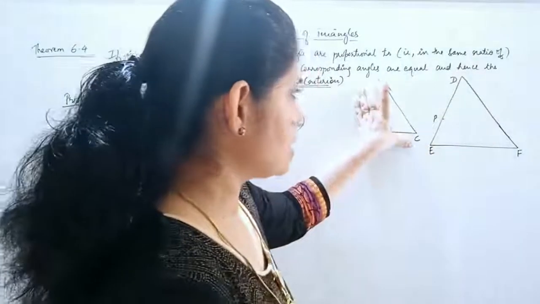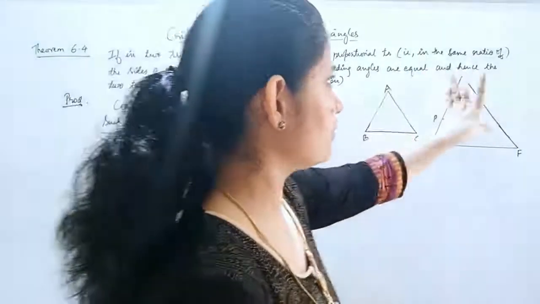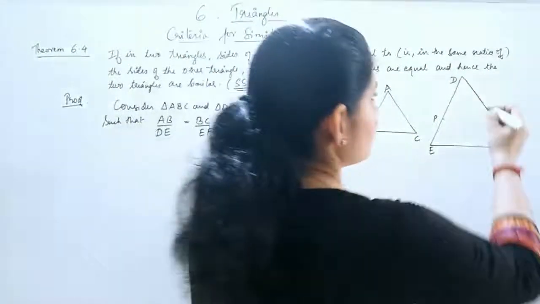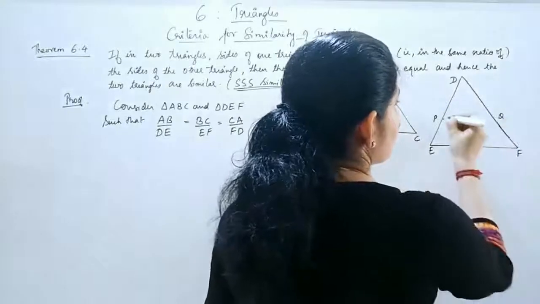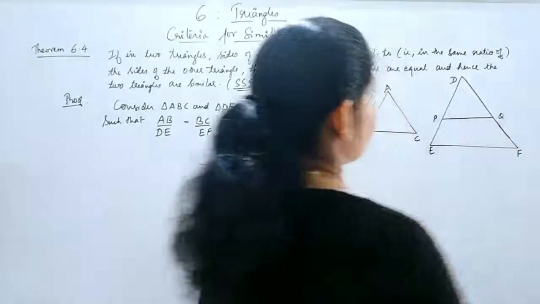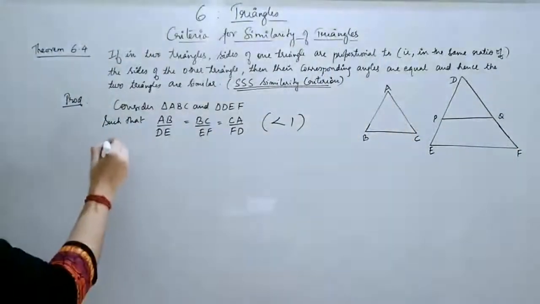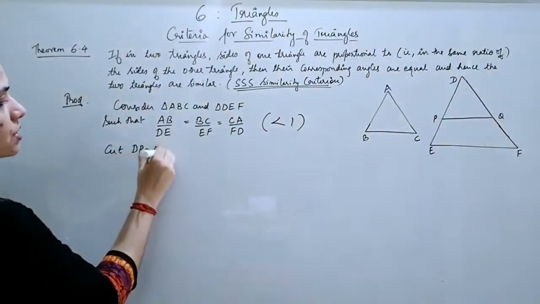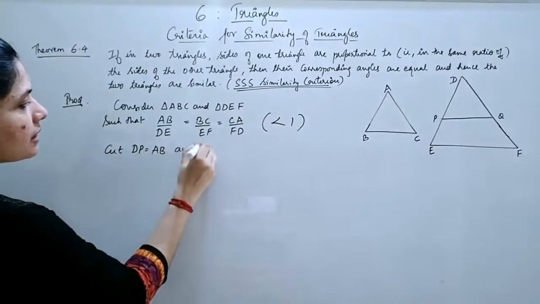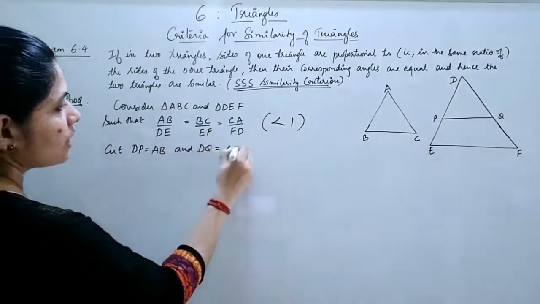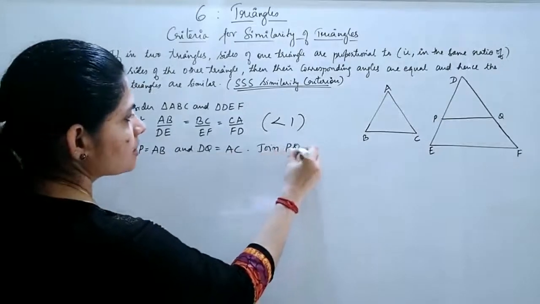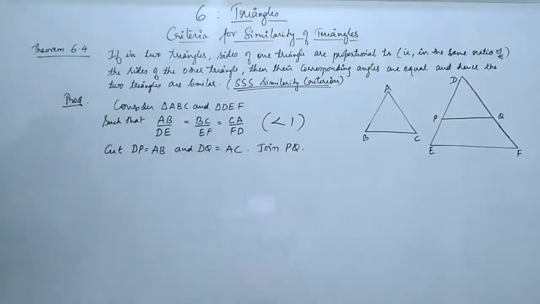And again for AC, the length is taken from the point D on DF, so that we will get a point Q, and we will join these two. So we are cutting DP equal to AB and DQ equal to AC, and we are joining P and Q. This much is our construction.